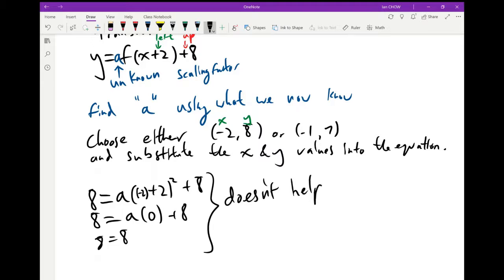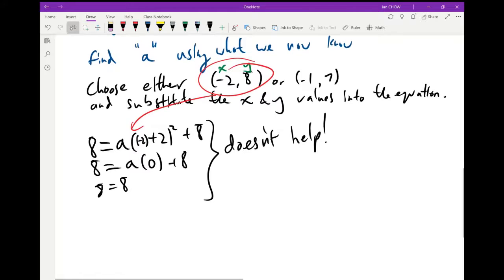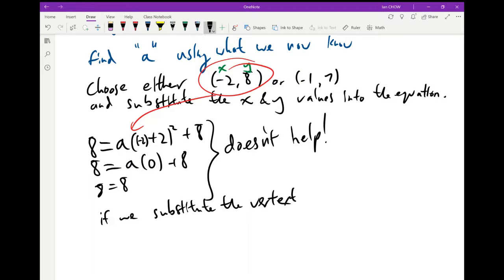This doesn't help. And so what we realize is if we substitute in the vertex, we actually cannot find a.